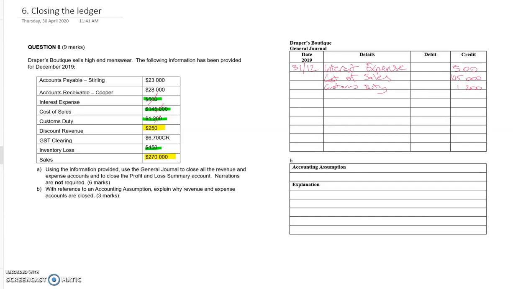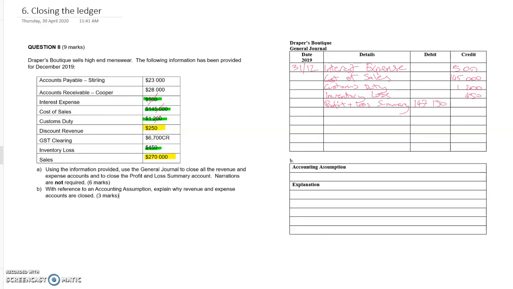And then inventory loss, that for 450. Now the other side, our debit will go to profit and loss summary. So if we add up our credits, 500 plus 145,000 plus 1,200 plus 450, giving us total expenses for the period 147,150.